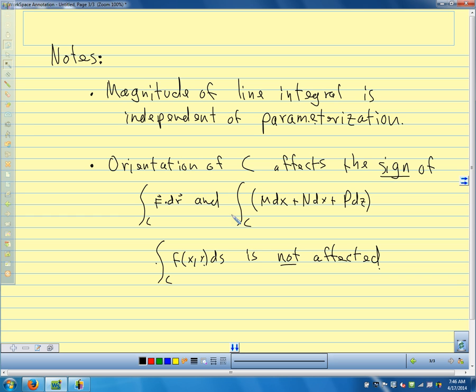So that will be something to remember as we move forward to thinking about the parameterization and how we move along the curve, and whether we're talking about a vector field or a scalar field. All right. Are we good there?